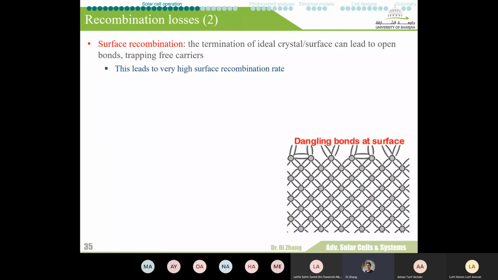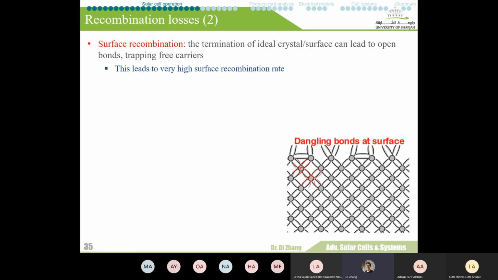Another kind of recombination loss is the so-called surface recombination. At the surface, if you follow the crystal arrangement, we know that in the bulk of the material, if you have an almost perfect material, most of the silicon covalent bonds always find a silicon to bond to.